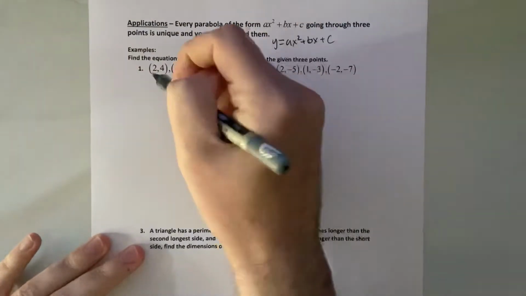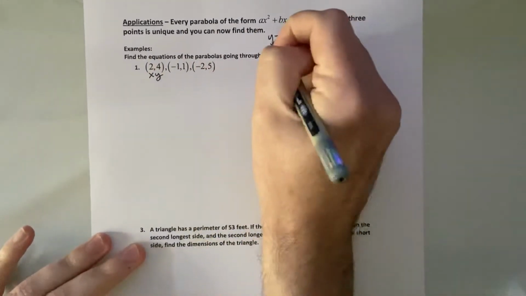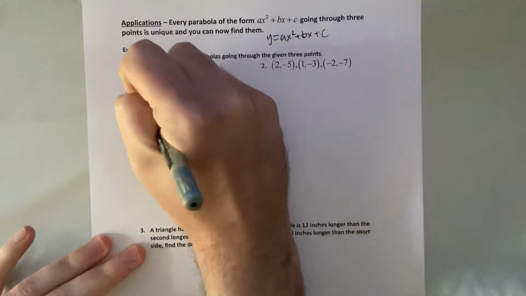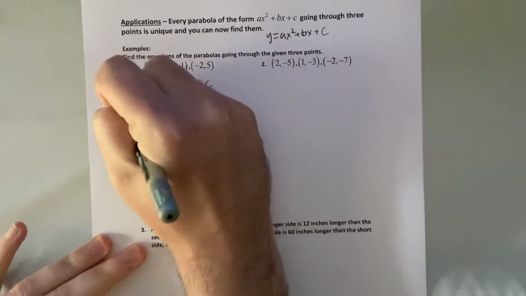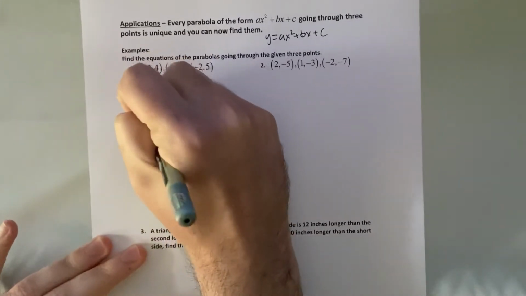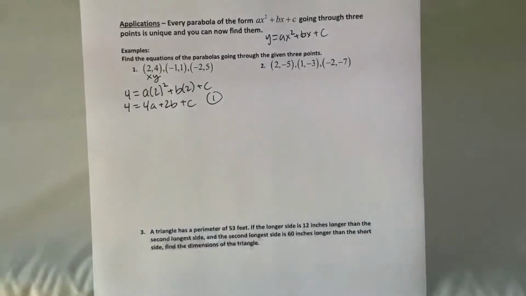To do that, we substitute our x, y values into this equation. So I know 4 equals a times 2 squared plus b times 2 plus c. So we get the equation 4 equals 4a plus 2b plus c. That's our first equation. And then we repeat this process for the other 2 points.